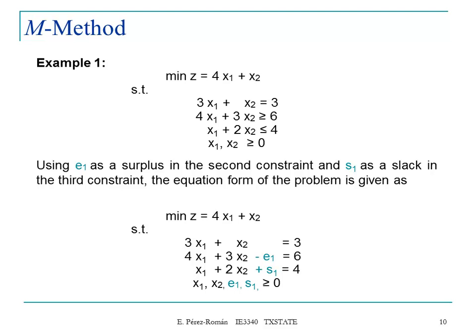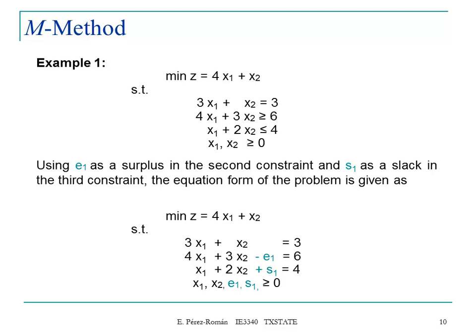Remember, what we're trying to do is apply the simplex method, so in order to apply it, you need to change all the constraints to equality form. This case is different because we have different types of constraints. For the first one, you don't have to add a slack or a surplus, so that one remains the same.